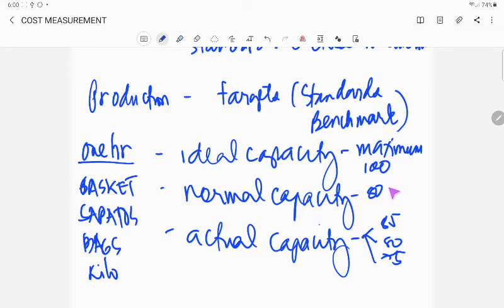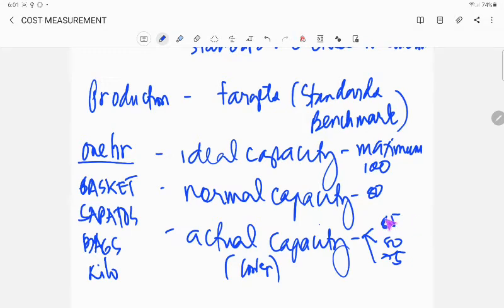And what if nagkataon in one situation nung naka-85 ka, maybe you are at the best situation, kasi meron tayong tinatawag na best case scenario, worst case scenario, 'di ba? And most often than not, mas mababa ang actual capacity kesa sa normal capacity. Madalang naman yan na equal. But it can happen.